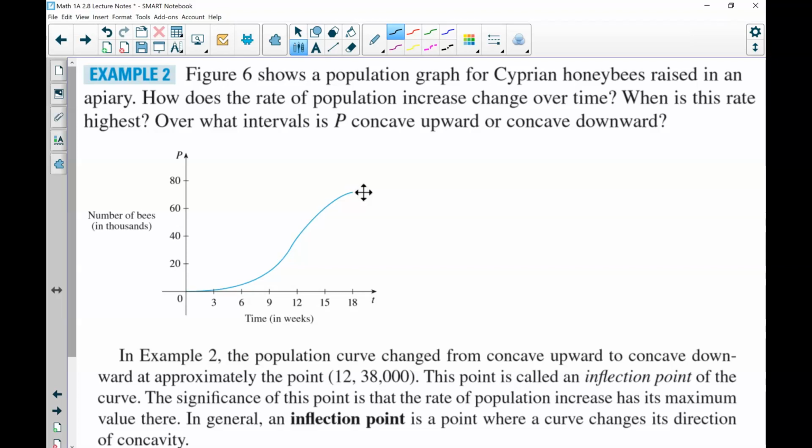So the curve appears to be concave upward on what interval and concave downward on what interval? Well, we can see here that from 0 to 12, we're going to say that it is concave upward. The interval goes from 0 to 12.